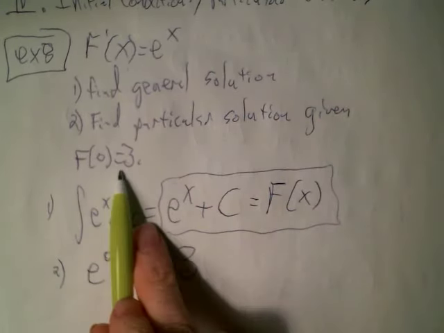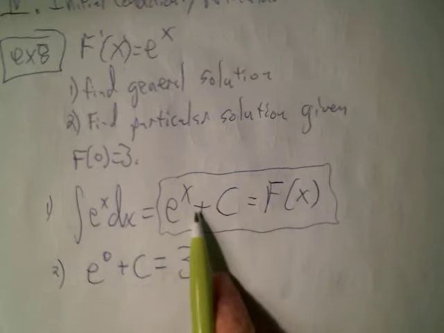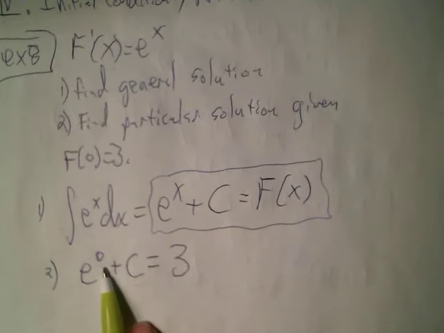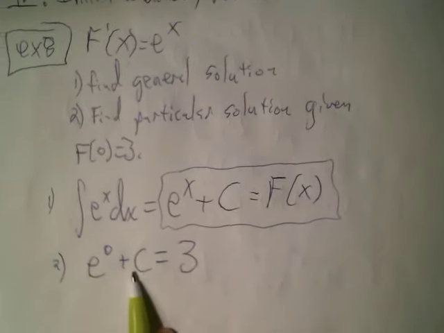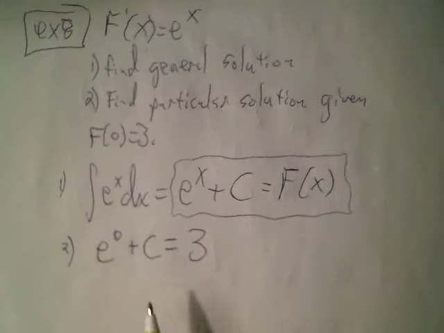So f of 0 is 3, which is right here, and then e to the 0 is here, plus c is here. Solve for c. Okay, e to the 0 is 1, and then c is 2. So our particular solution is going to be e to the x plus 2.